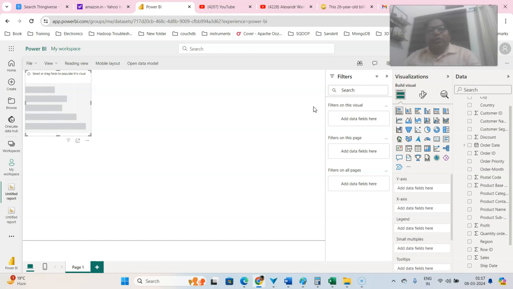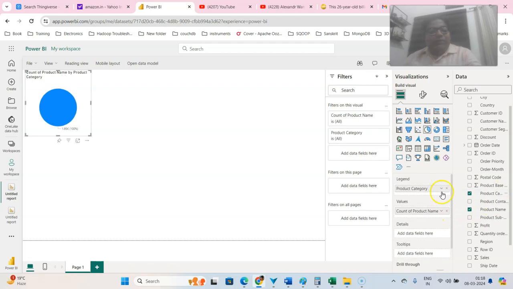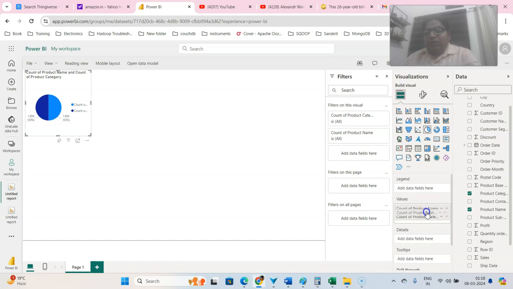You can use a pie chart also, if you want to show the distribution or percentage distribution of that particular product. But we have to ensure that in that case, the number of partitions should not be very high. Let me show you one example. Let's take a pie chart. We can make a pie chart like this, and let's say I go for product name instead of product category.